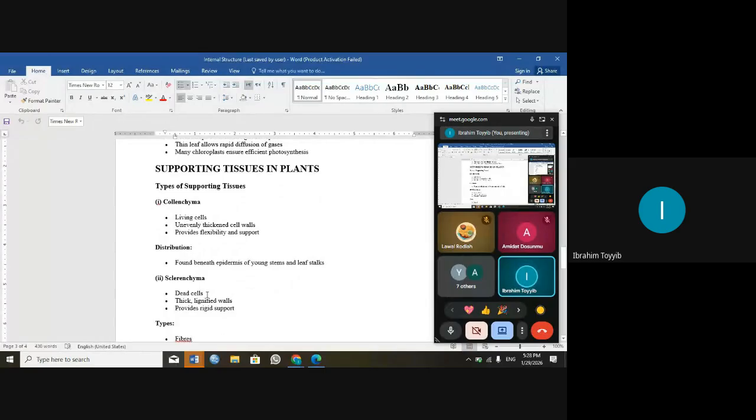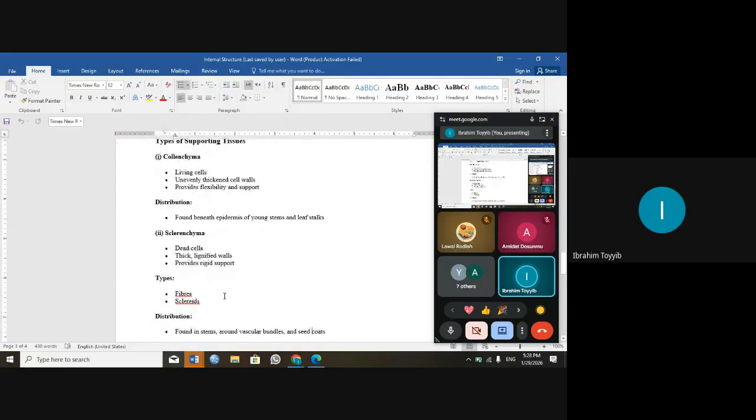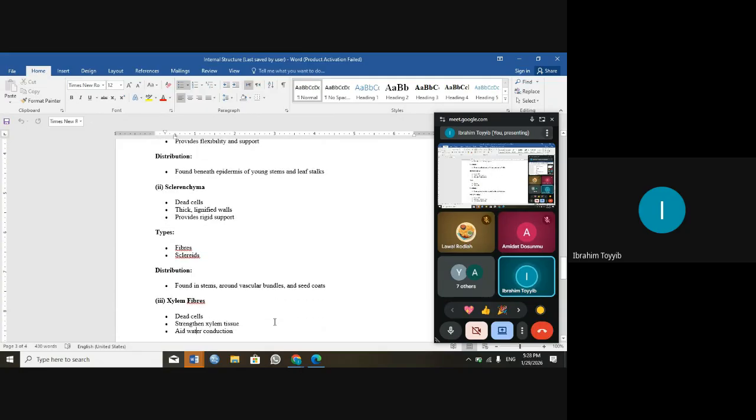Now, sclerenchyma are made up of dead cells. They are thick and have lignified walls. They also provide rigid support. They have types of cells called fibers and sclerids. They are found in stems, around vascular bundles, and in seed coats.